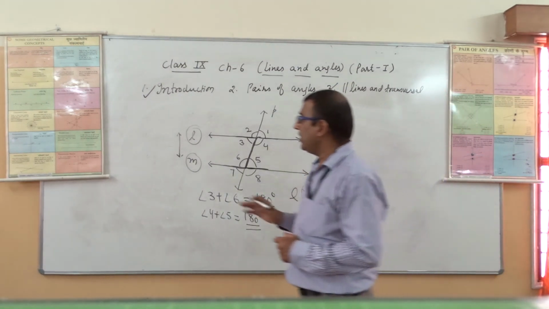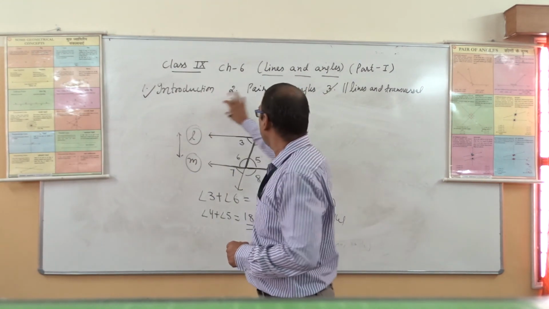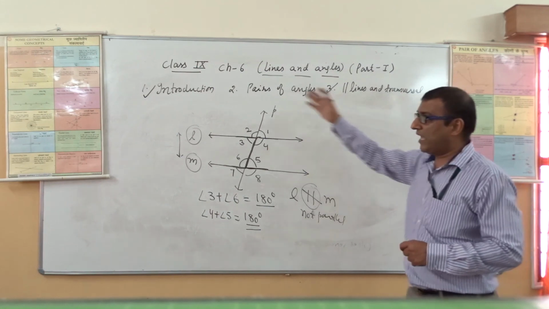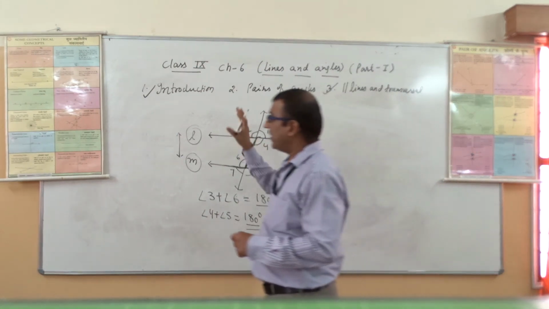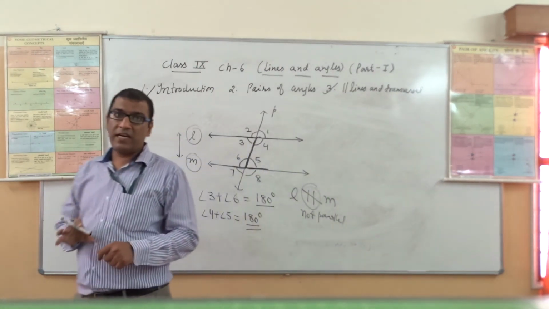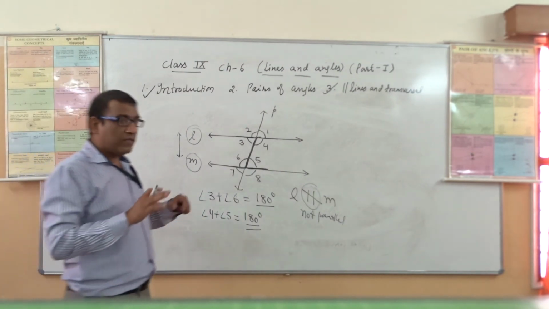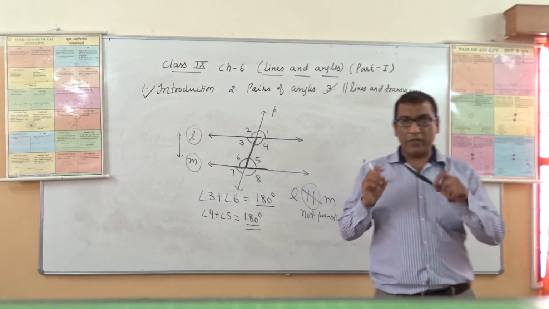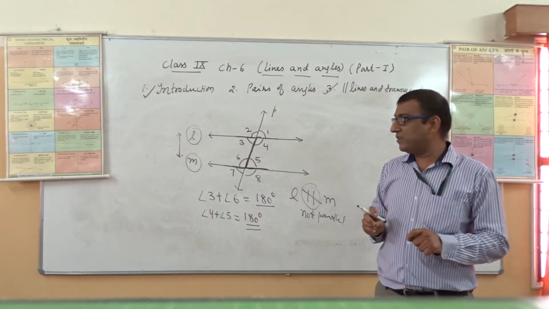So I hope with the help of the introduction part, pairs of angles, parallel lines and transversal concept, and with the help of these teaching aids, the concept of lines and angles is very much clear. This is the concept related with some basic terms and definitions.